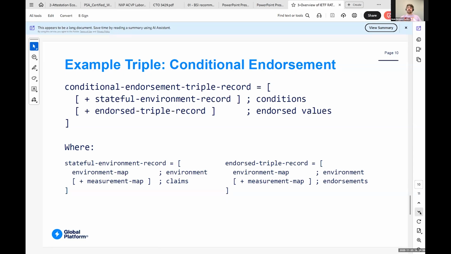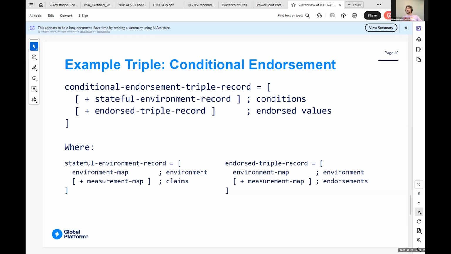And the condition, not super surprising, looks very similar to the first thing that we saw on the last slide. There, measurements are associated with an environment, but this is now a condition. If these certain things are in the ACS already appraised, then you can add the measurements from the endorsed triple record. These can now be processed in the same way as evidence.